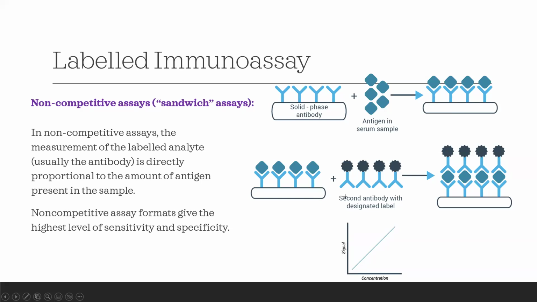After this step, we add a second antibody, which has a label on it. The labels can be enzyme, fluorescent, or isotopes. We add the second antibody onto this antigen-antibody complex to form a sandwich structure on the surface, with two antibodies and one antigen in the middle. This is why it's called the sandwich assay.